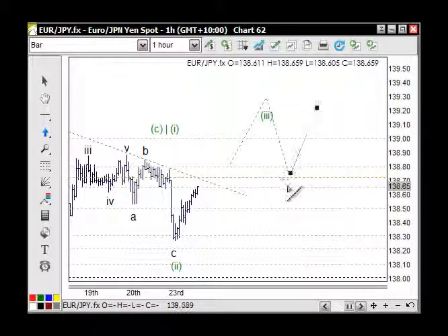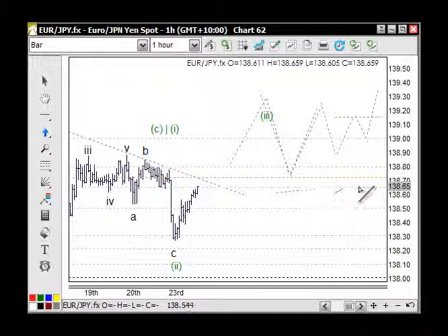So you don't want to move your stop up into here until this has come down, tested it, come up here, found support on top of 39, and then moved off. Then you would move your stop under here, and as 139.30 becomes the support, the top of group 1, you can bring your stop up to this point.